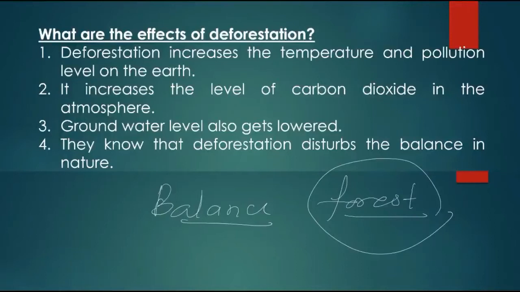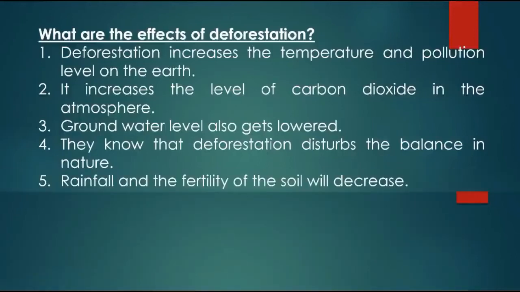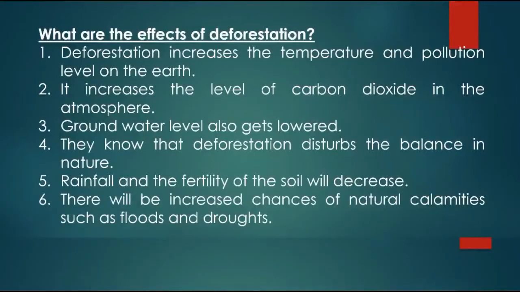So therefore, deforestation disturbs the balance in the nature. Deforestation will reduce the rainfall as well as fertility, and that may lead to natural calamities such as floods and droughts. So these are the points you should keep in mind for the question asked above.